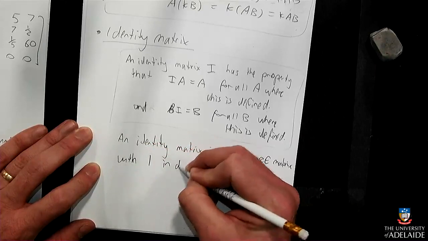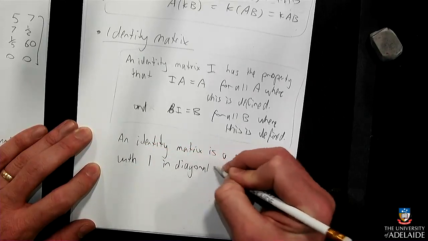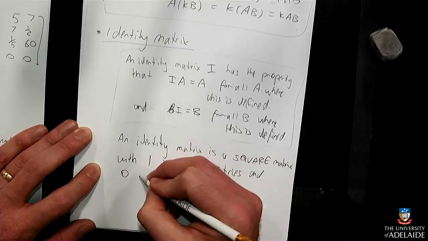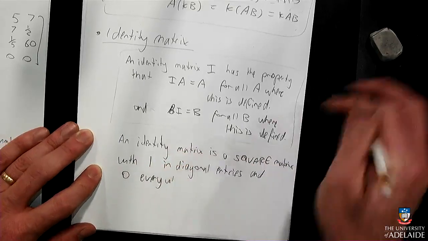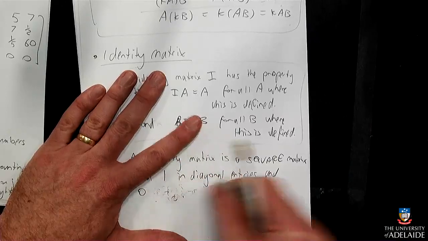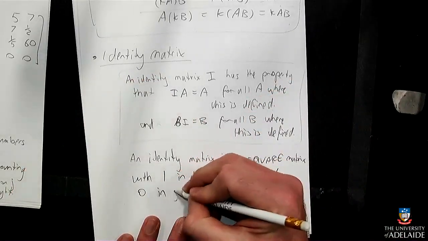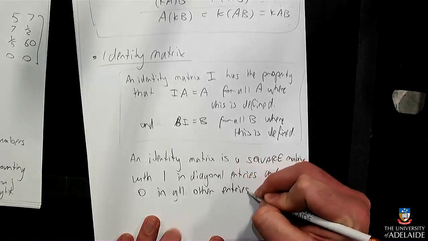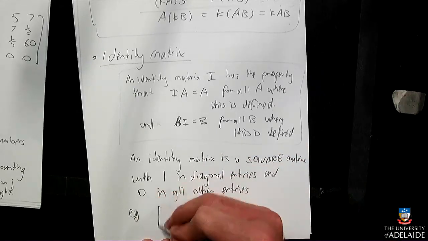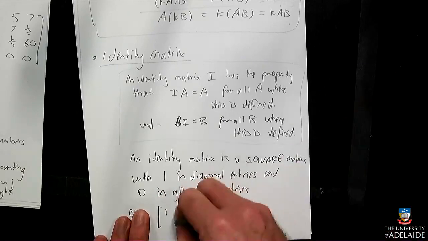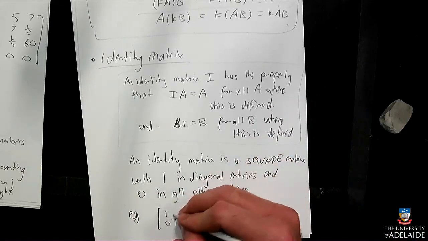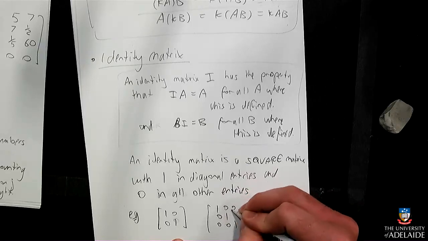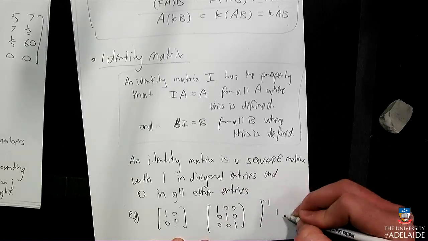One in the diagonal entries, and zeros in every other entry. So for example, you could have a 2 by 2. You could have a 3 by 3. You could have a 4 by 4.